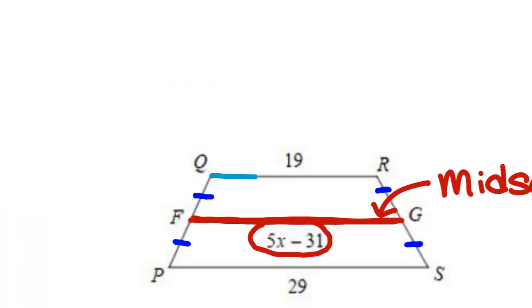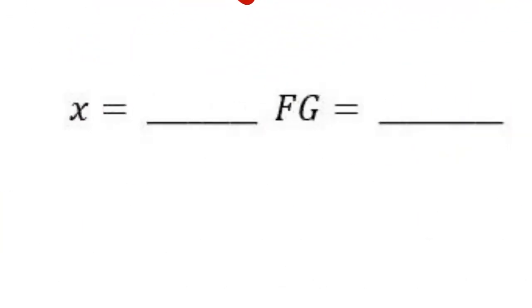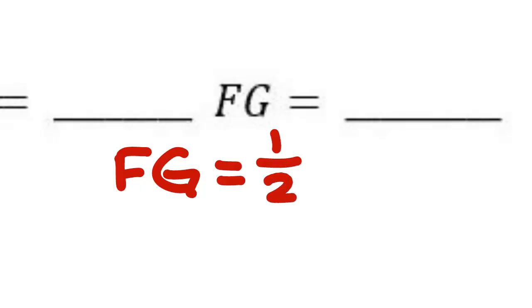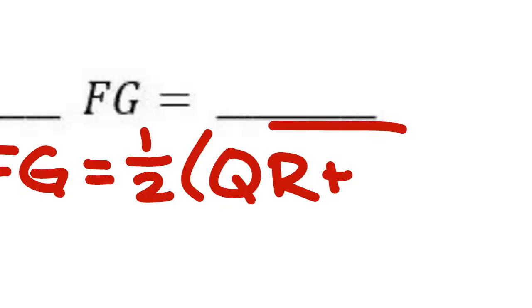Up here at the top, QR 19, I'm going to call that base 1. Down at the bottom, PS 29, I'm going to call that base 2. So my mid-segment, which is FG, is equal to 1/2 of QR plus PS.